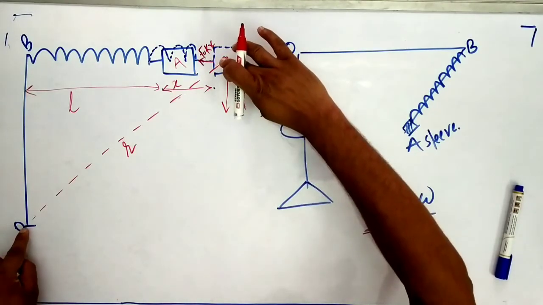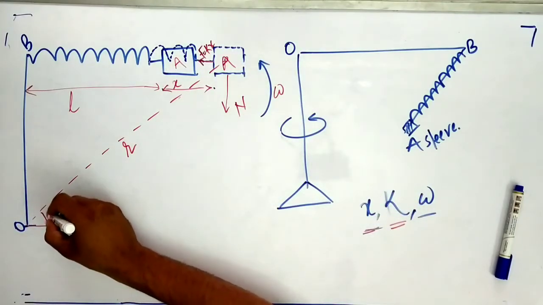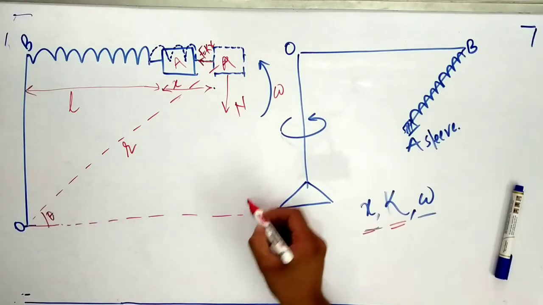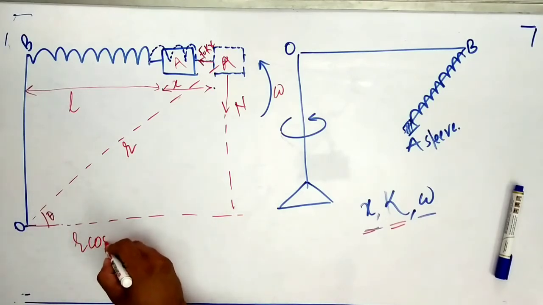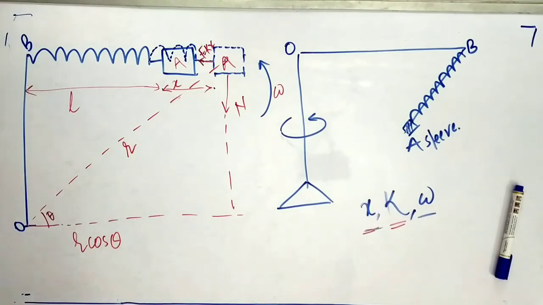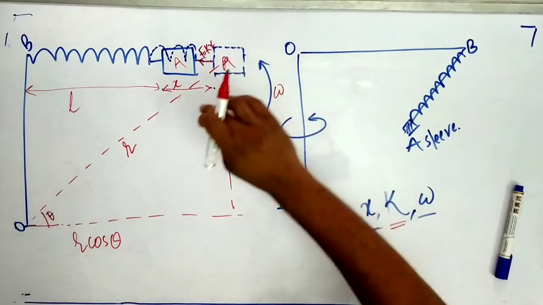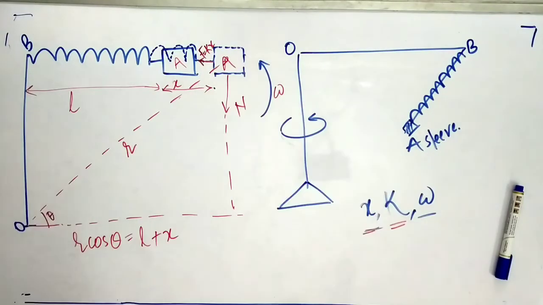If the radius of rotation is given by r and this angle is equal to theta, we know by simple geometry that this length is going to be r cos theta. Also, we know that this length is equal to the length of the spring plus the extension in the spring. This is equal to L plus X.